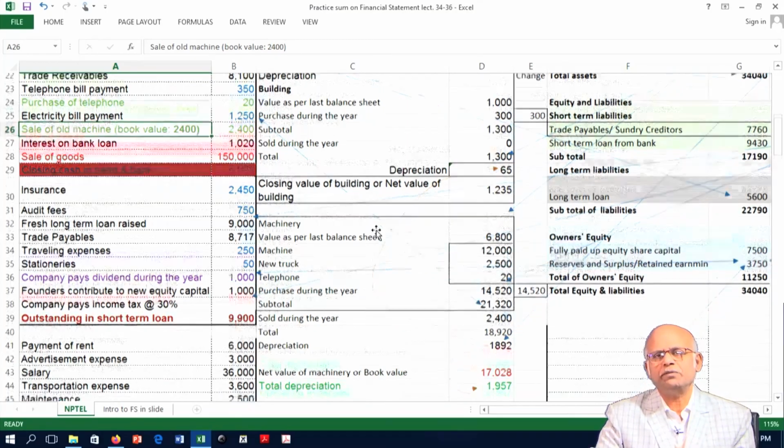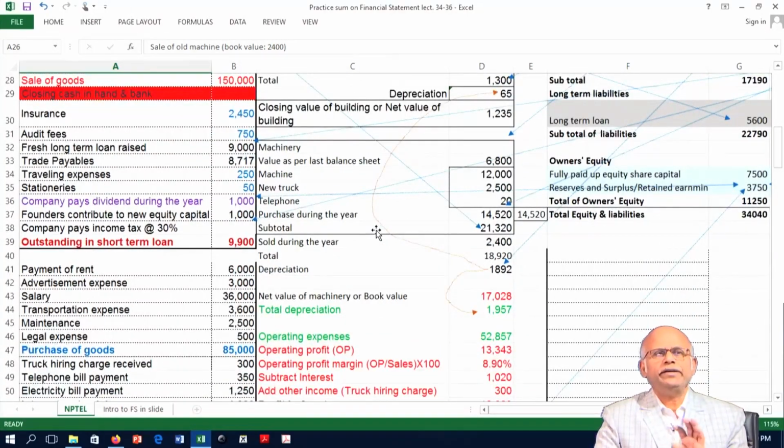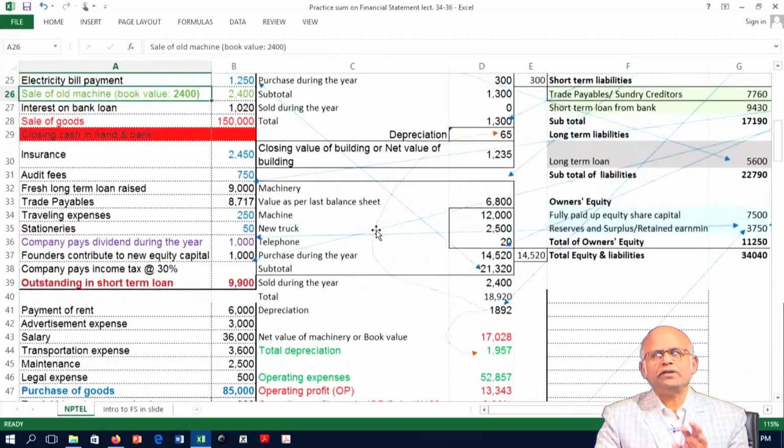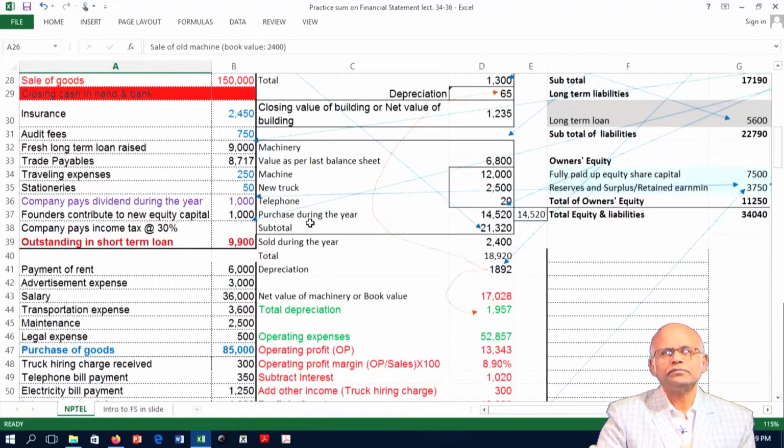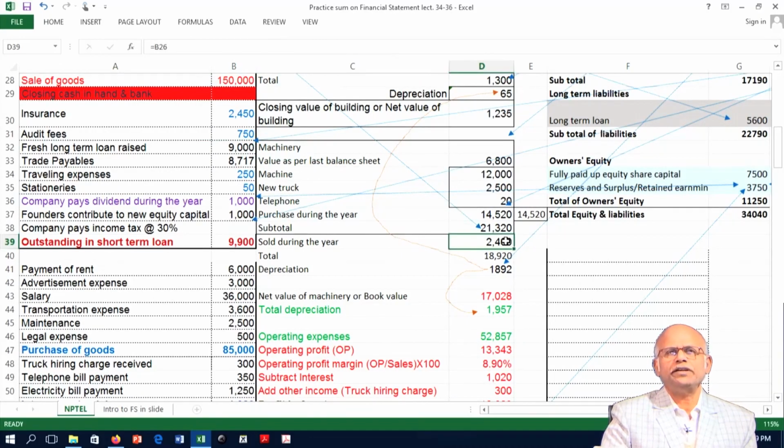Understanding is simple, but remembering is difficult. That is why I have not kept any capital gains or capital loss. So, in total we have to deduct this 2400 from total machinery assets.